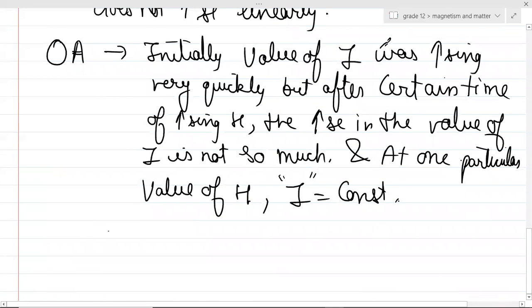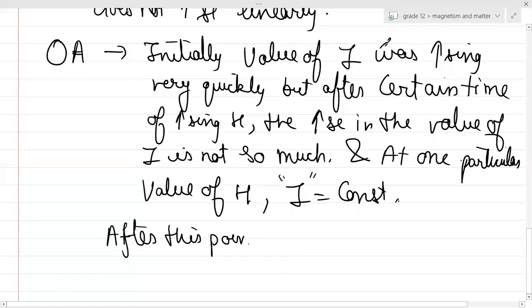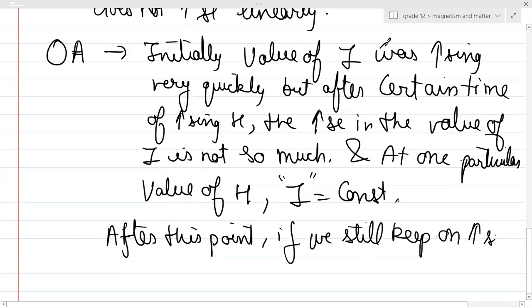We can write, after this point, if we still keep on increasing H, I will not change. Why will I not change?